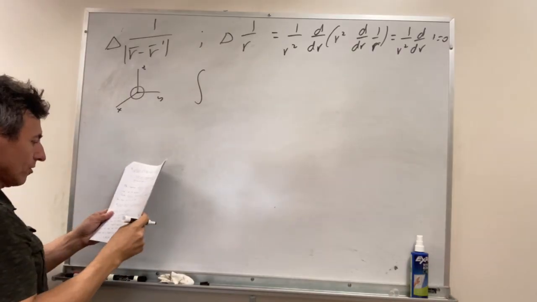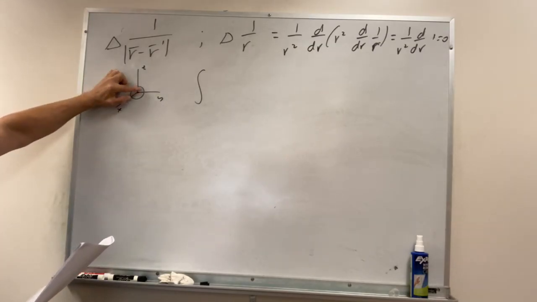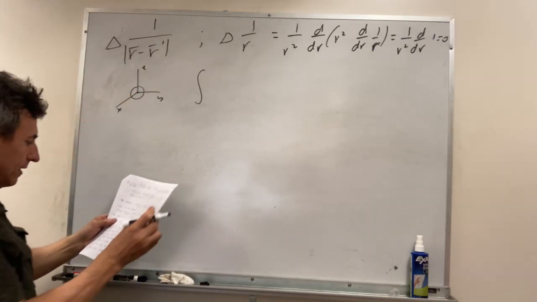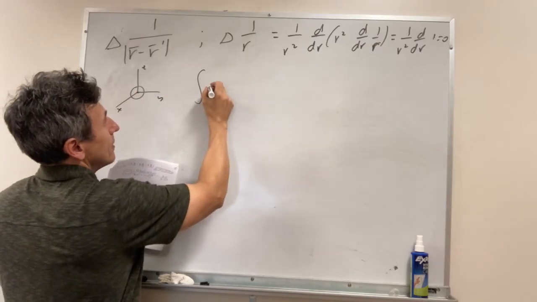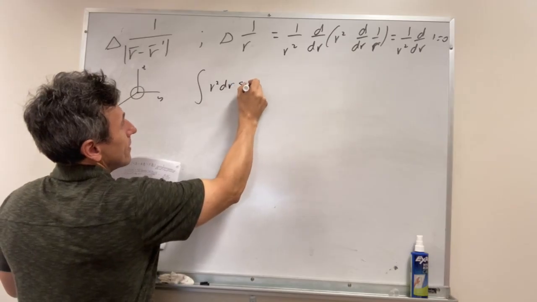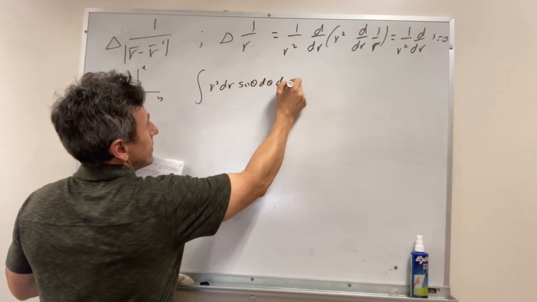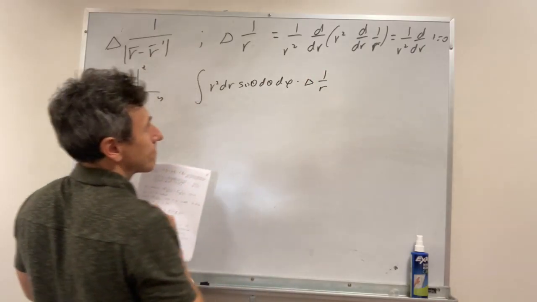So I calculate the integral over this small sphere introduced around this point. It will be the element of this spherical coordinate system, so it will be r squared dr, then the integral over sine theta d theta d psi, and this will be the Laplacian of 1 over r.